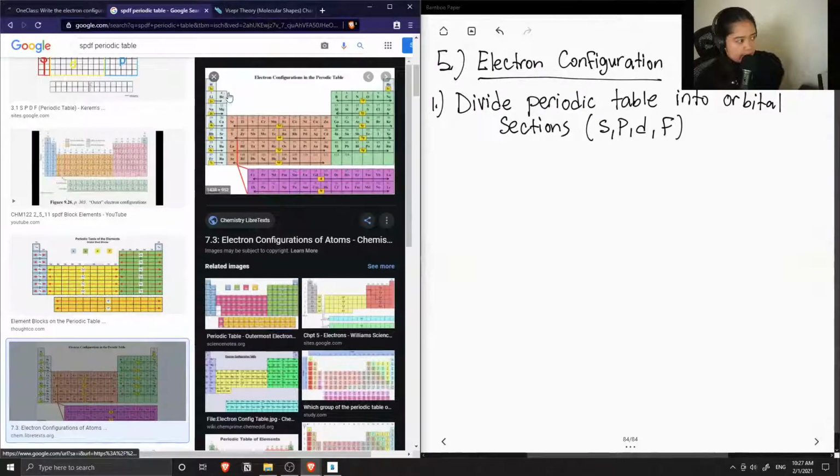Okay, so the first two columns plus helium would be considered the S block, and this green section is the P block, and the middle transition metals is the D block, and finally the last two rows, the lanthanides and actinides, is the F block.